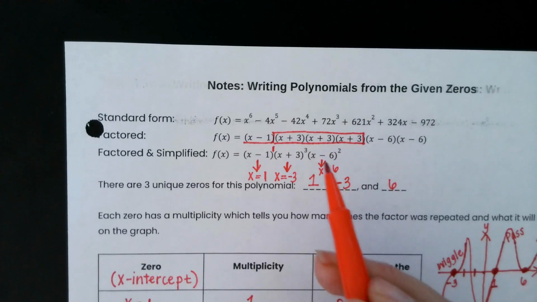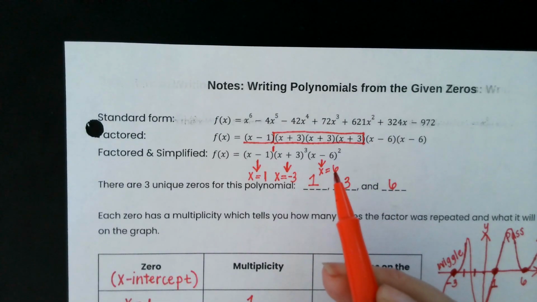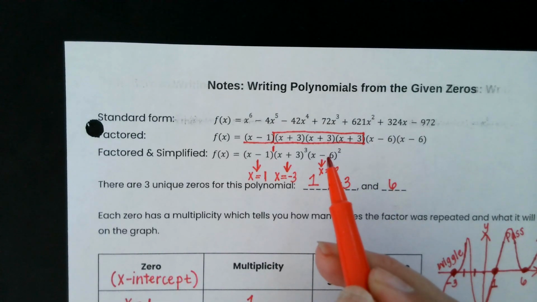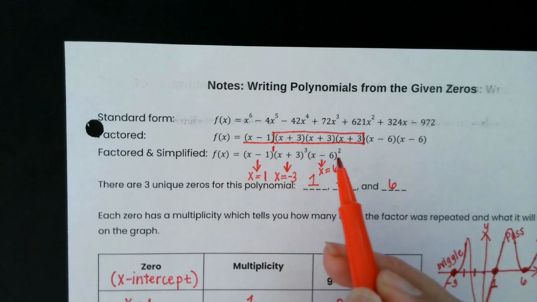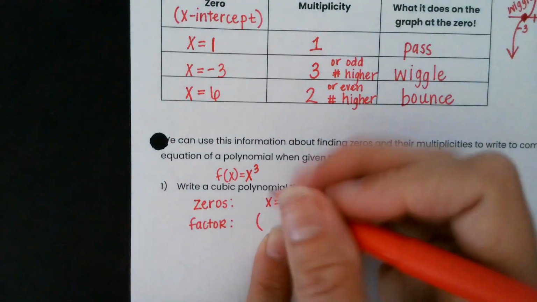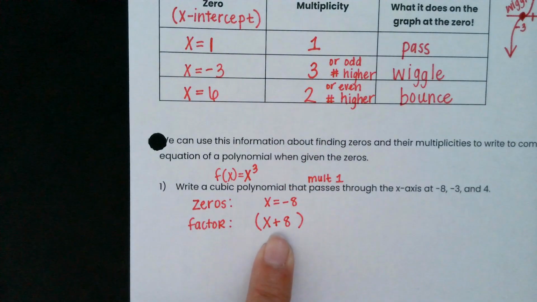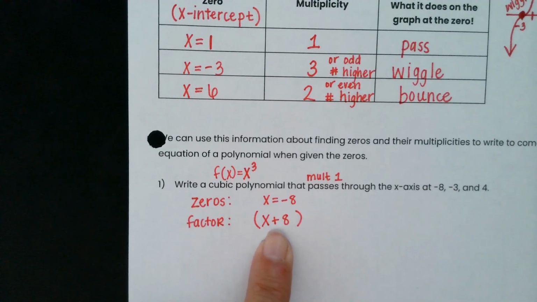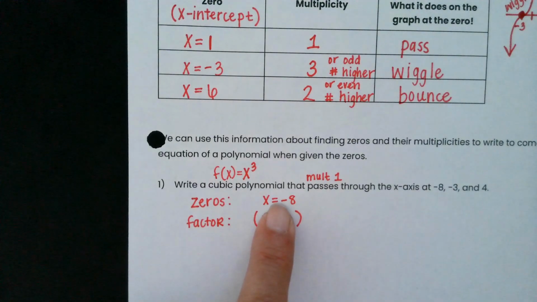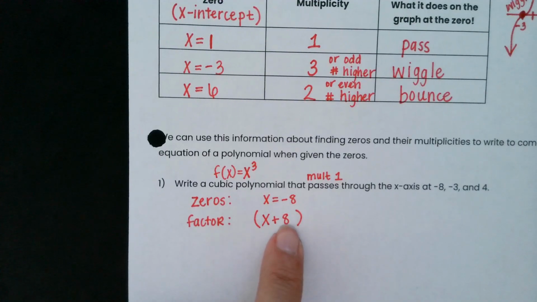So if our 0 was -8, what's the factor look like that it came from? X plus 8, exactly. It's still the opposite. This is what the factor looks like, and that's where you get the 0, -8 from. Does that make sense? We're just working this a little backwards.